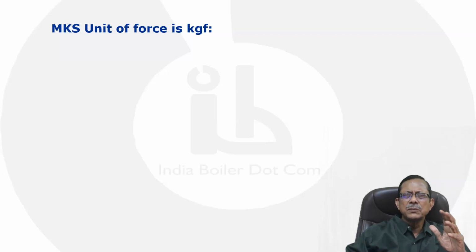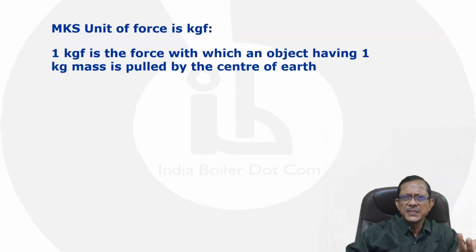Now, what is 1 kgf? It is the force with which an object with a mass of 1 kg is being pulled by the Earth's gravity towards the center of the Earth, right? So it's basically the gravitational force, or you can say it is the weight. Any object with a mass will have a weight, which is actually the gravitational force with which the Earth is pulling it, right?